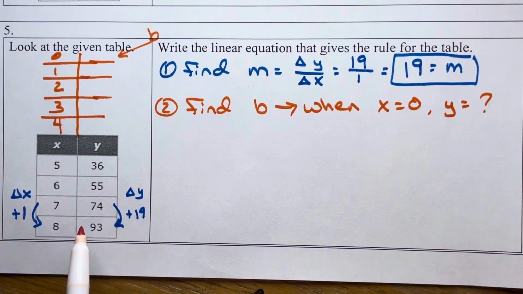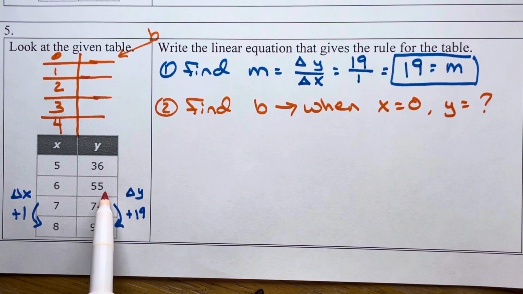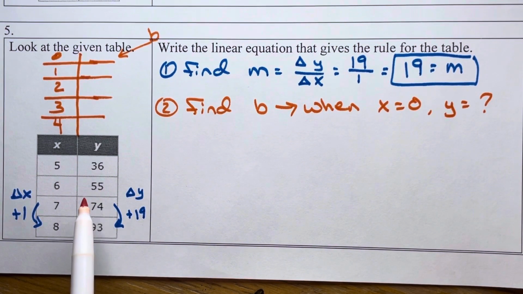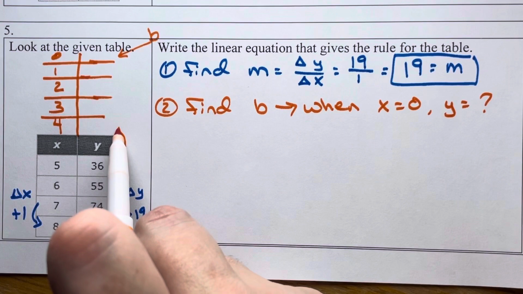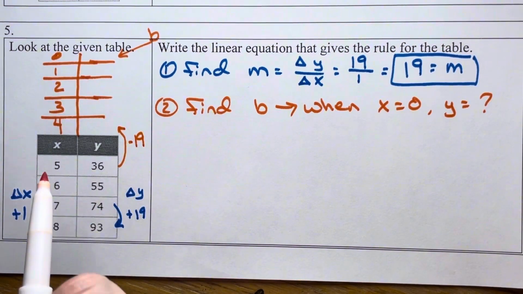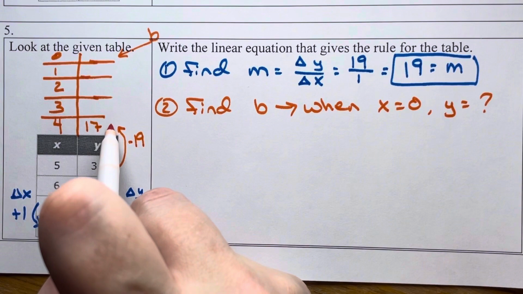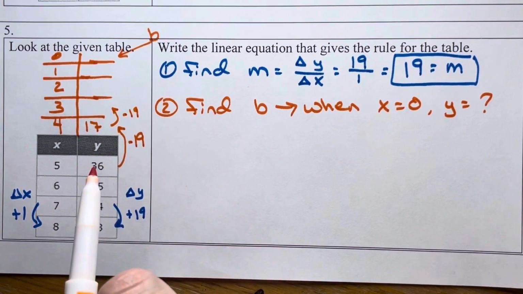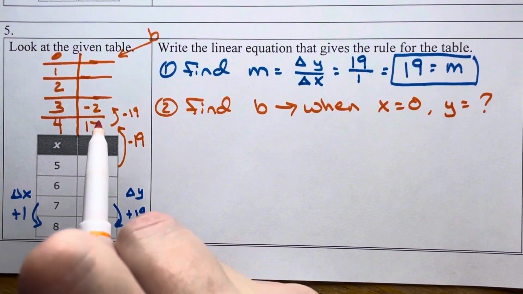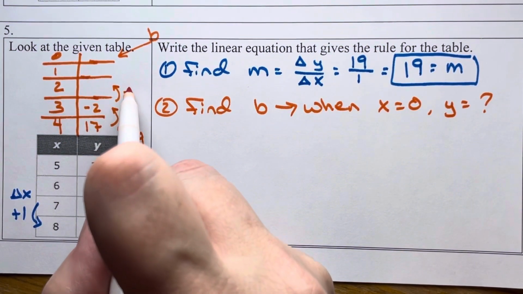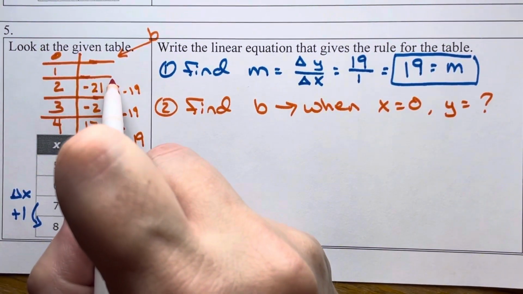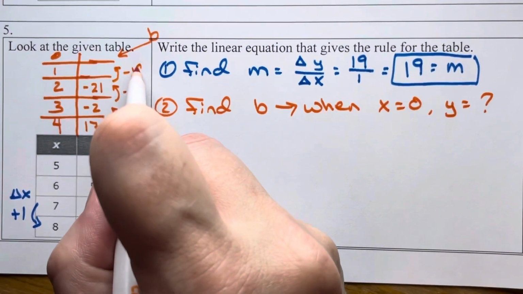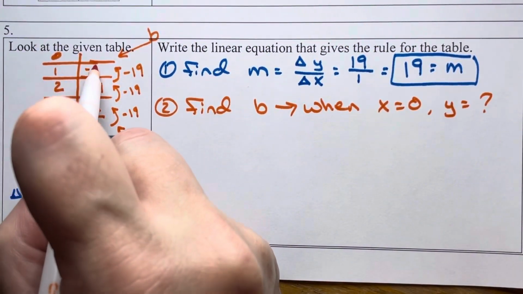Let's see how it goes. 93 minus 19 is 74. 74 minus 19 is 55. 55 minus 19 is 36. 36 minus 19 is 17. 17 minus 19 is -2. -2 minus 19 is -21. -21 minus 19 is -40.